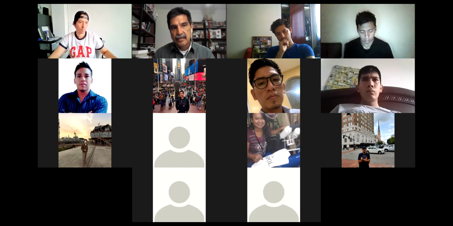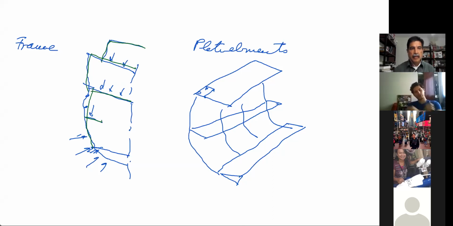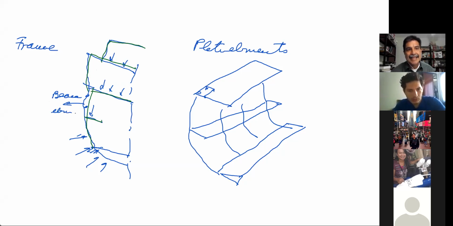In this case, in the first problem, you need to define the transverse section. Okay. This element, this is a beam, right? This is a beam. But the element has a section. So the section is going to be something like this, a plate.